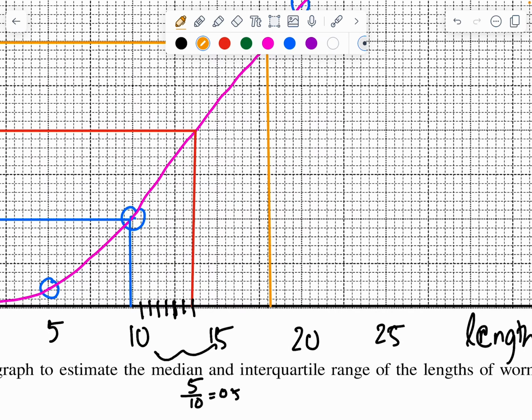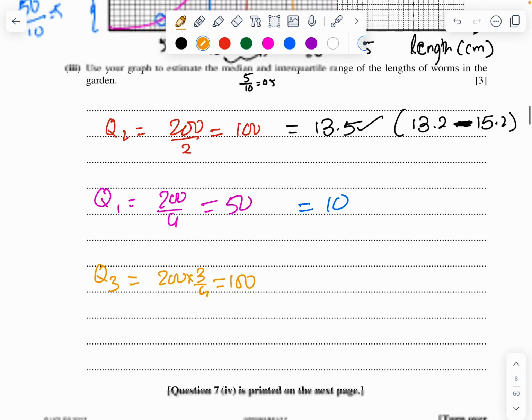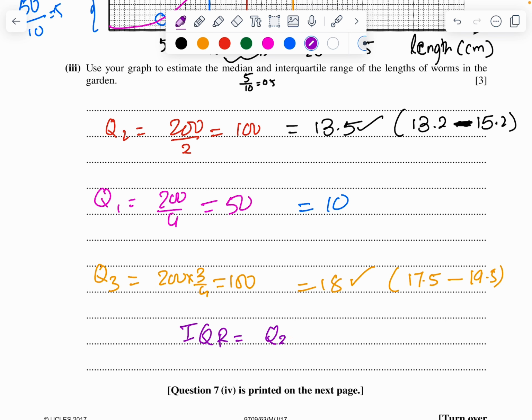Each line is 0.5: 15.5, 16, 16.5, 17, 17.5, and 18. So I got that answer as 18. The mark scheme says any answer between 17.5 and 19.5, so my answer is correct. Therefore the interquartile range is Q3 minus Q1, which is 18 minus 10, which is 8. That's the answer.